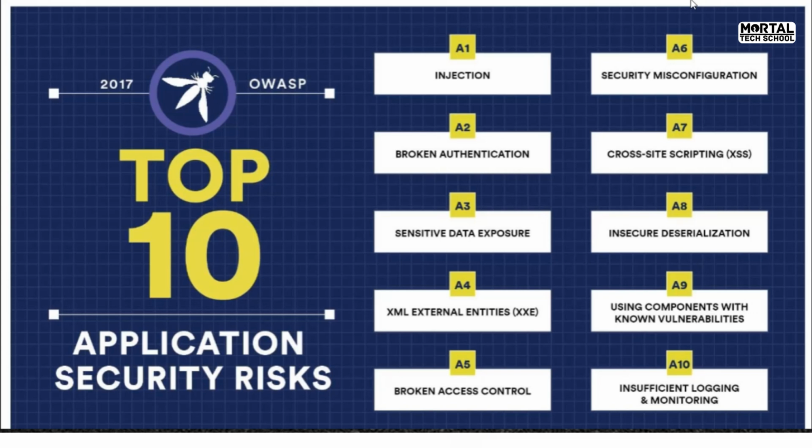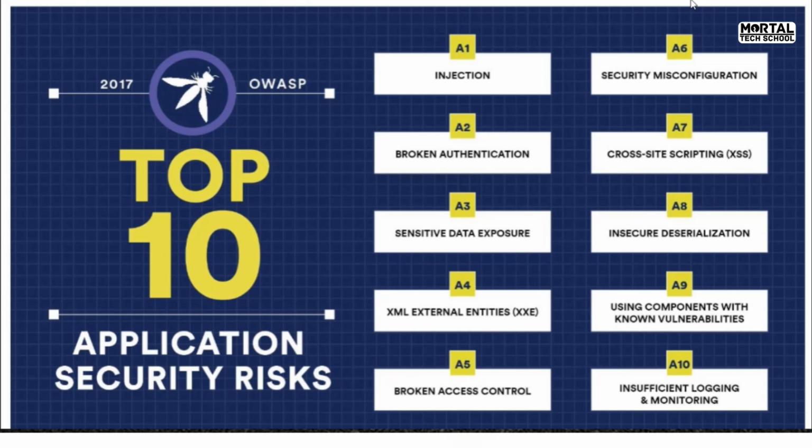The second last is using components with known vulnerabilities. Now, components such as libraries and frameworks that are used in most of the web applications always execute with full privileges, and flaws in any component can result in serious impact. Attackers can identify components or dependencies by scanning or by performing manual analysis.